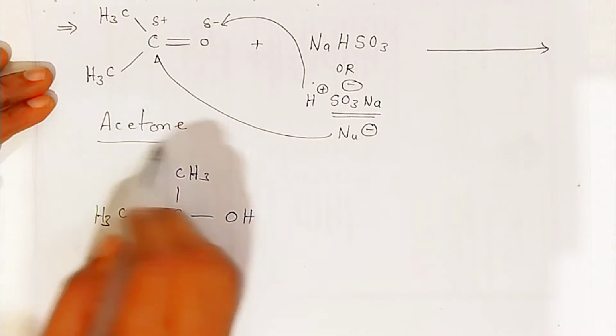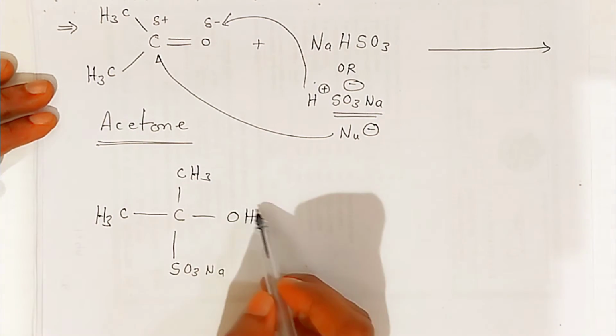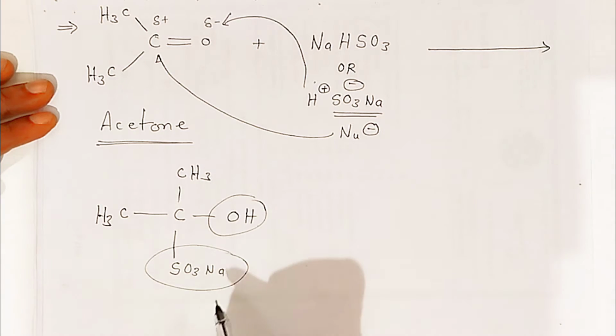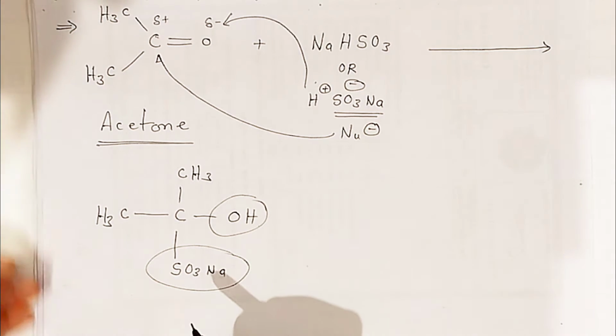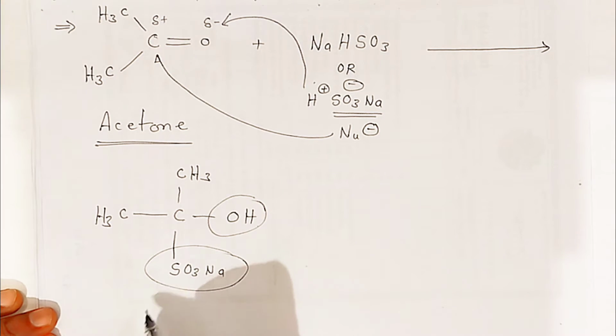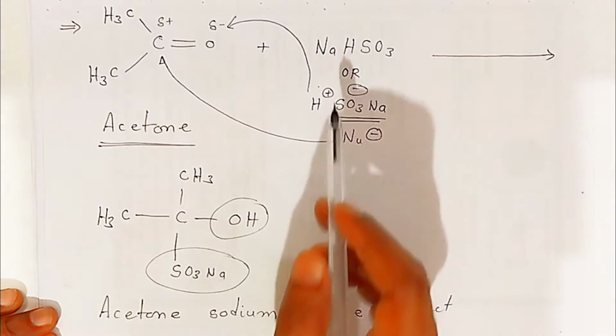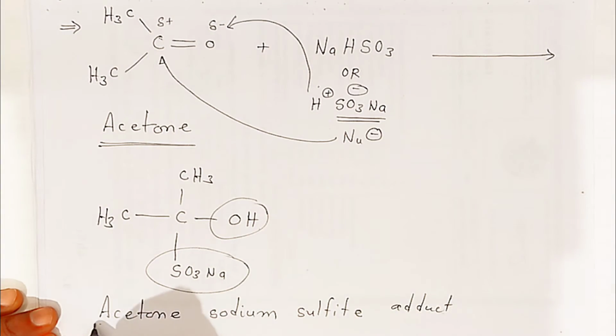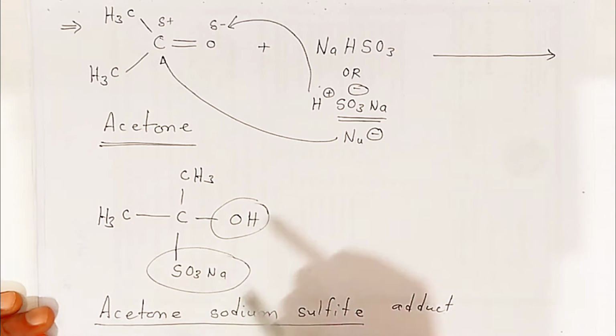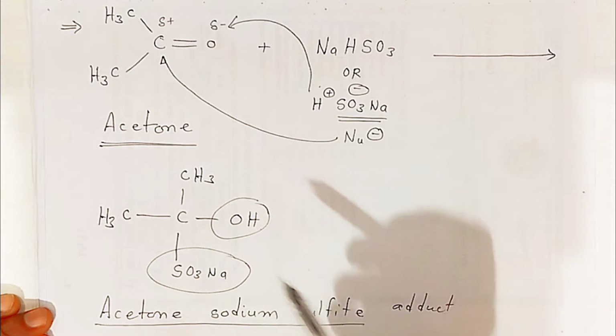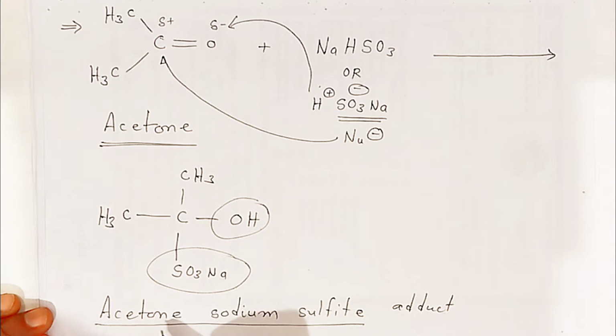So this way, acetone containing hydroxyl and this sodium sulphite group we call the acetone sodium bisulphite adduct. The whole part of the molecule is added, so the adduct name will be acetone sodium bisulphite.